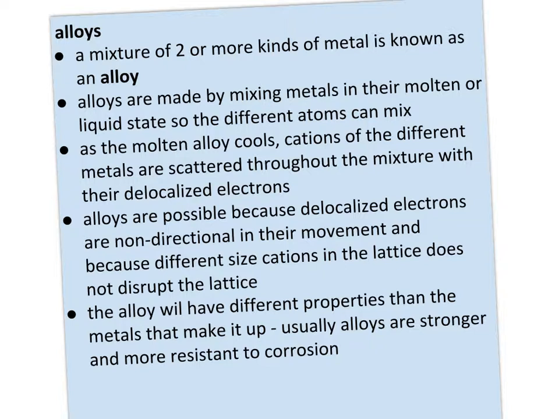And the other thing helping out is different sized cations in the lattice don't disrupt the lattice like you would expect it to. And again, that's because the delocalized electrons can just fill in and help with that space. So the alloy will typically have properties different than the metals that make it up, but it's usually stronger and more resistant to corrosion, and they're usually what we call enhanced properties, or the best of each metal comes out in that alloy or mixture.